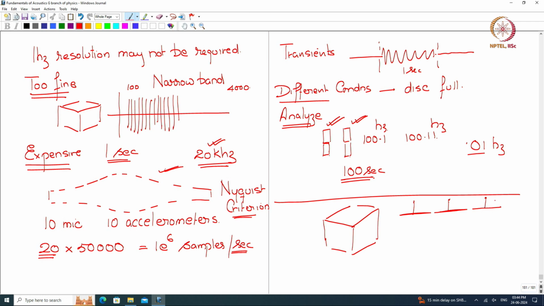It may be adequate to know this information and not too fine, not in a narrow band sense. So if somebody says that your machine is loud between 100 and 500 hertz, sometimes that may be adequate, or say your machine is loud between 3 kilohertz and 4 kilohertz, and then that also may be sufficient for you to characterize.